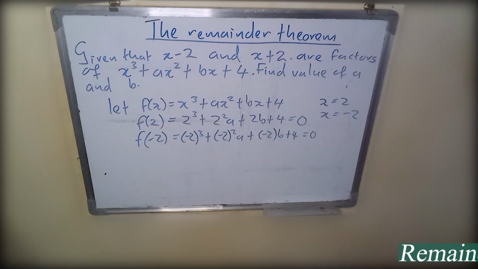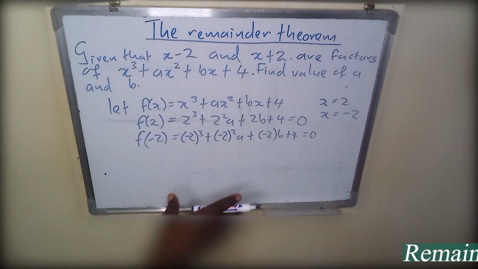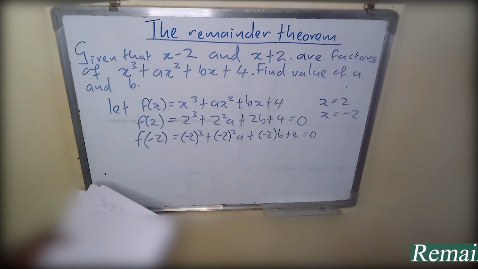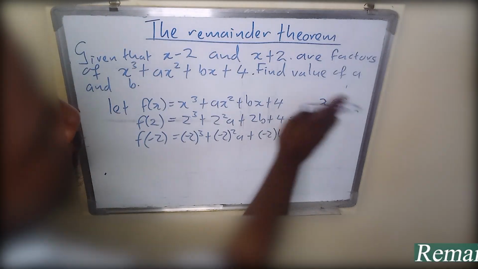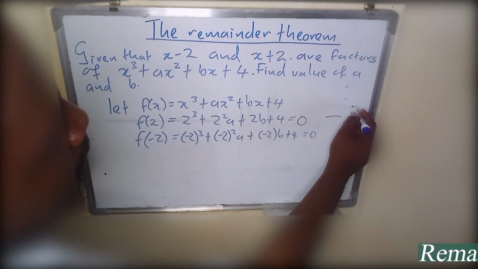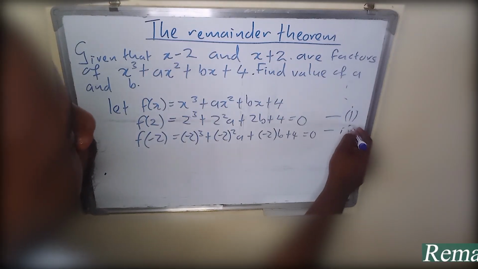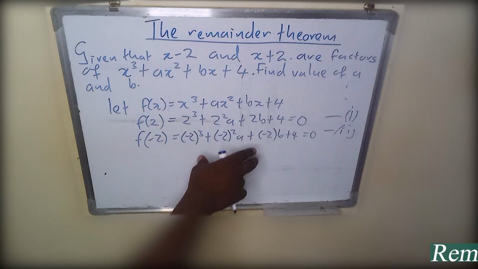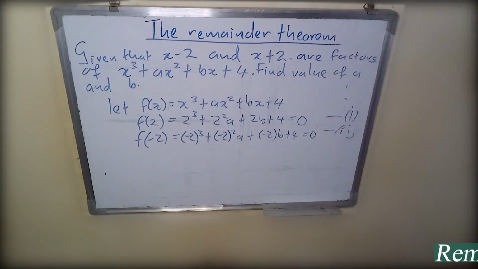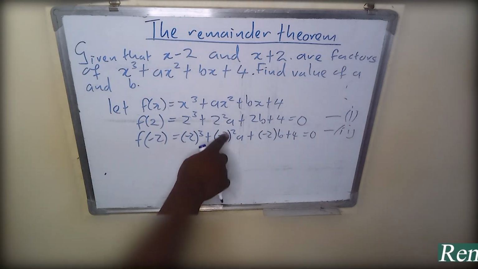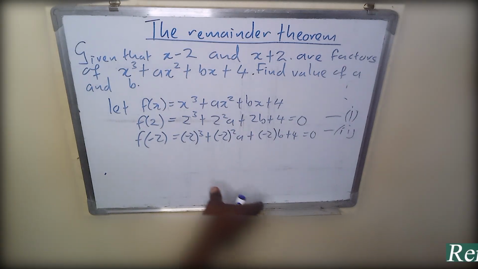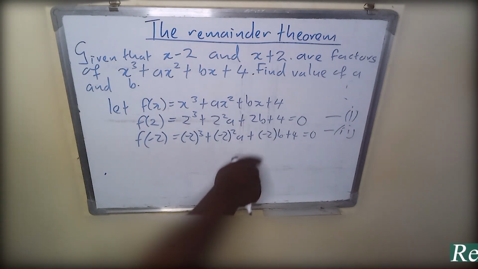So we have equation 1 and equation 2. By simplifying these two equations, you can solve them simultaneously to find the values of a and b.